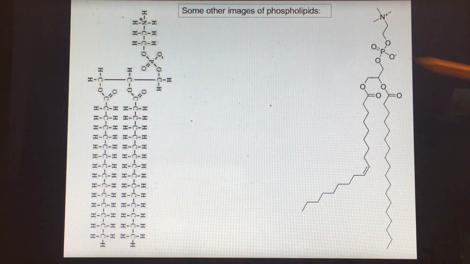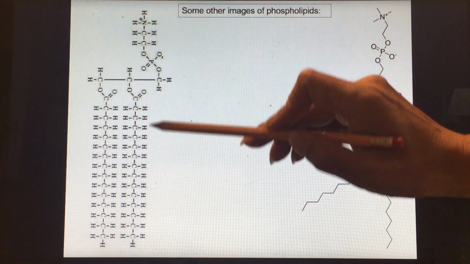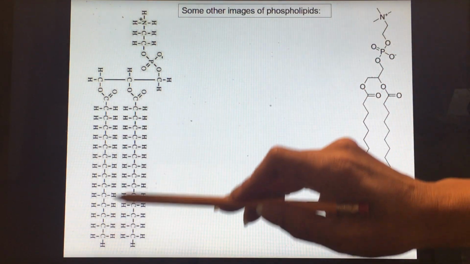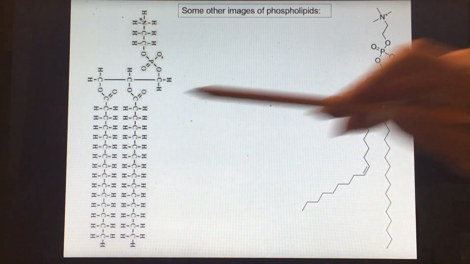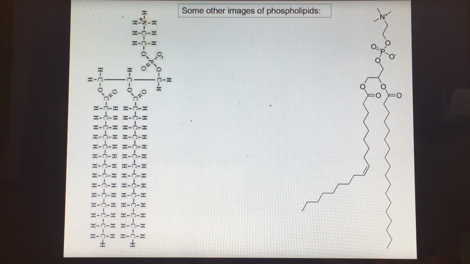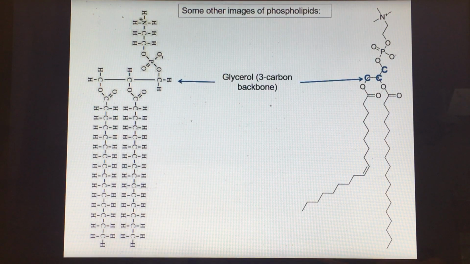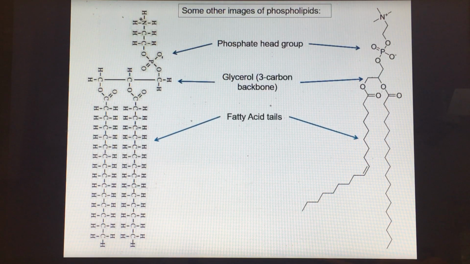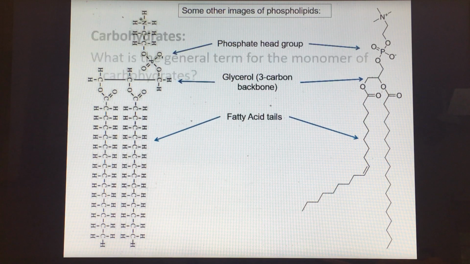But they're not showing you all the hydrogens, and oftentimes organic chemists and biochemists don't take the time to draw every hydrogen because we all understand they're there, so it's kind of like a shorthand. So here's our glycerol backbone, our phosphate head, and our fatty acid tails.